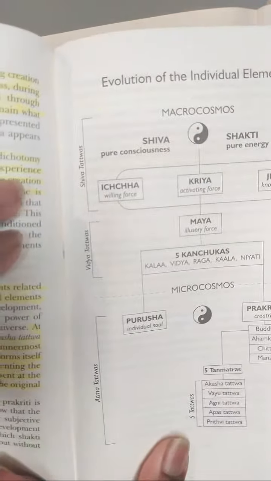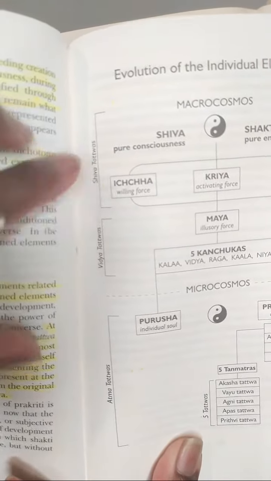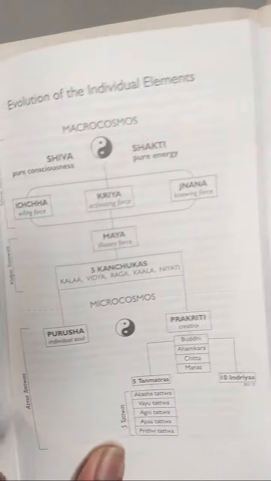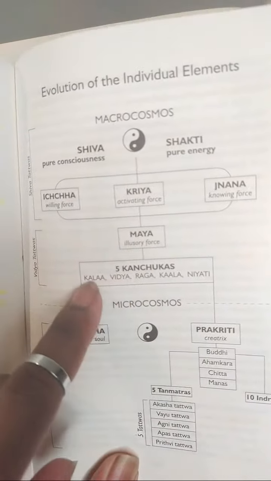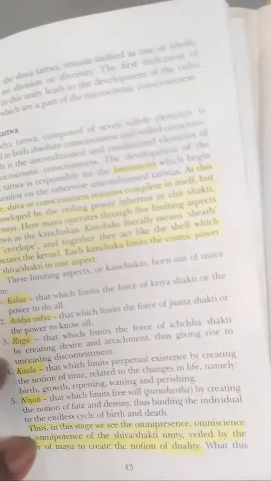Even here it is showing the system of relationships, right? We've got the Sattva Tattvas, Shiva Tattvas, Vidya Tattvas, Atma Tattvas. But here he's talking about Maya and the five Kanchukas, which are different blockages that prevent us from knowledge.